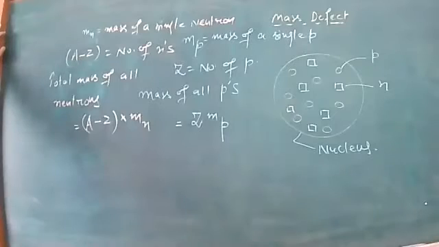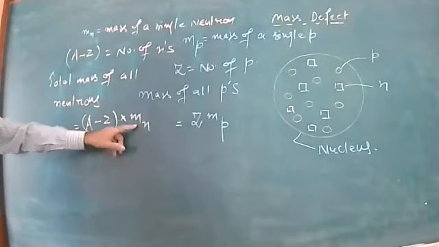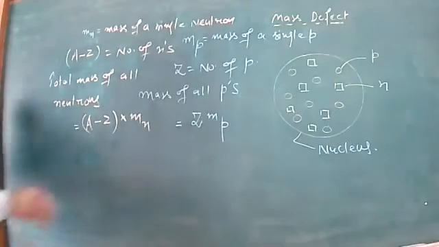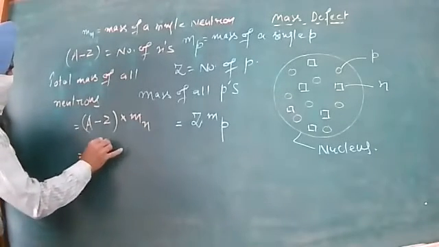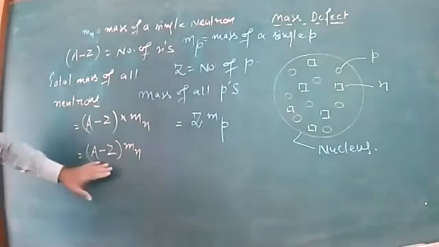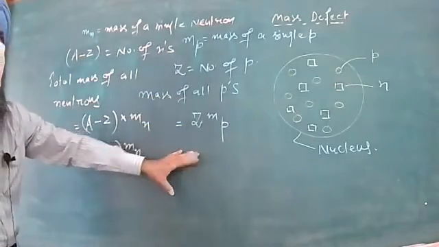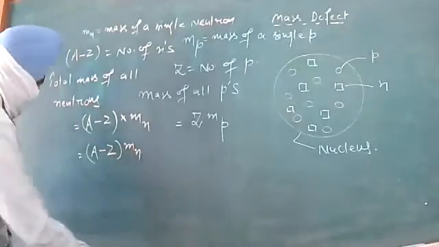A single neutron has this much mass, this is the number of neutrons, so obviously A minus Z into mn is the mass of all the neutrons. And this is the mass of all the protons when these are outside the nucleus.